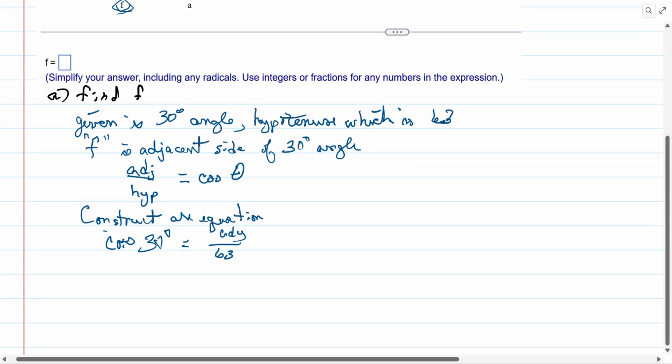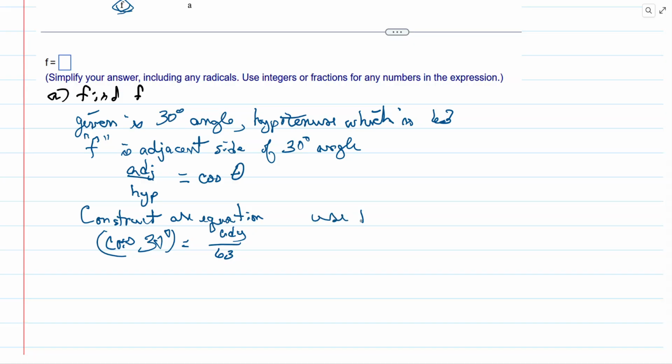Now, we're going to use the standard ratio for 30 degrees. Cosine of 30 degrees is going to be the square root of 3 over 2, equal to adjacent, and we're going to now change that to the F over 63.